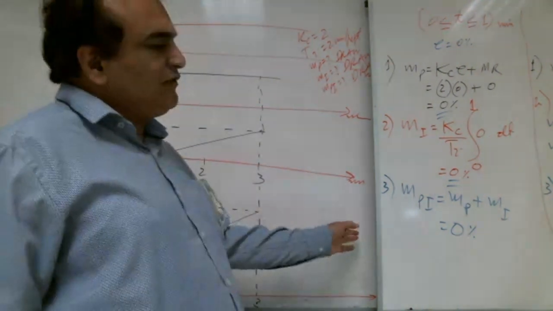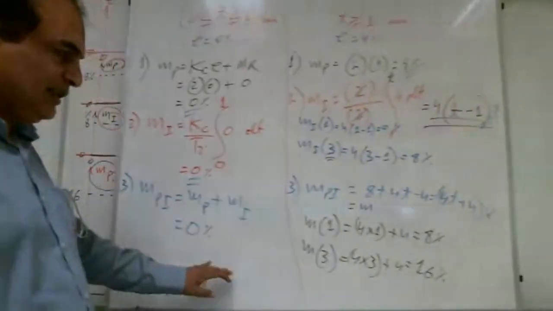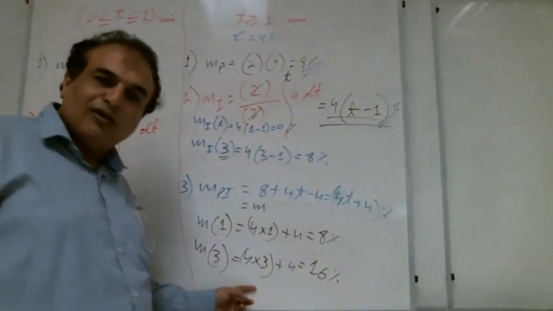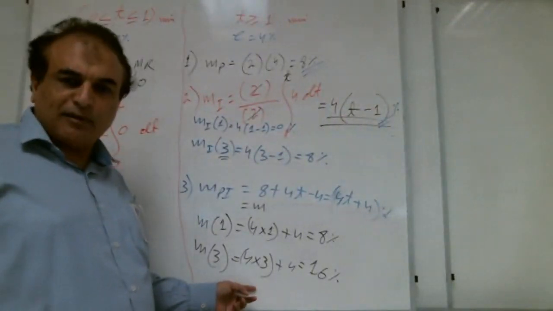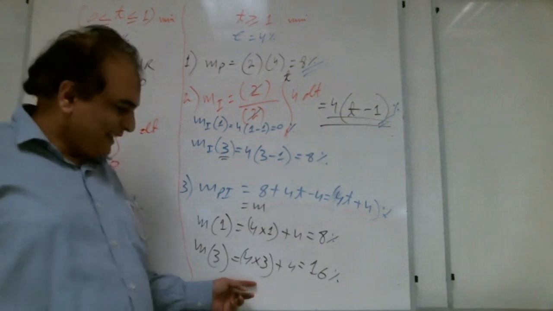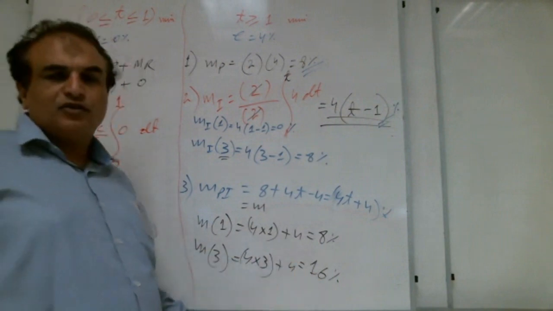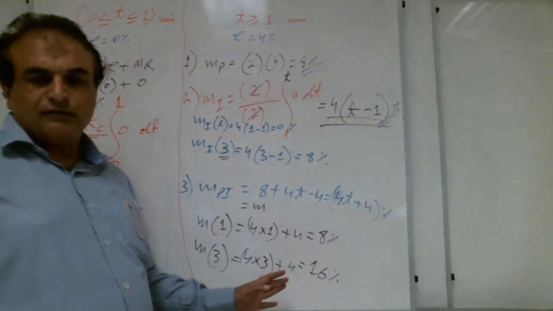In the lab, when we were doing it, this value went more than 100. You remember that? Here it is not going more than 100, so we don't need to find the 100.